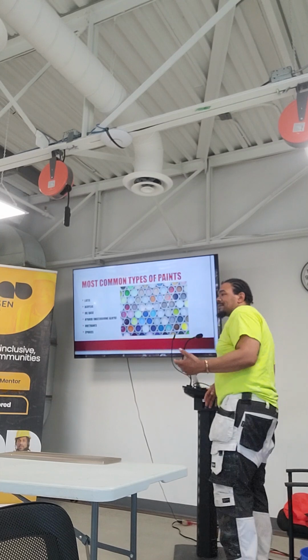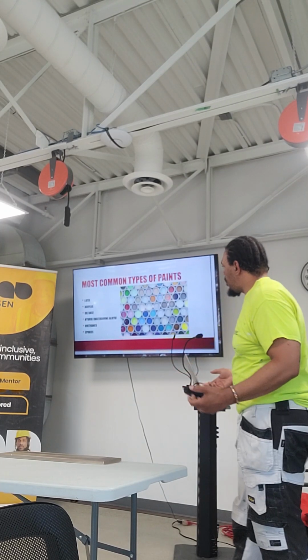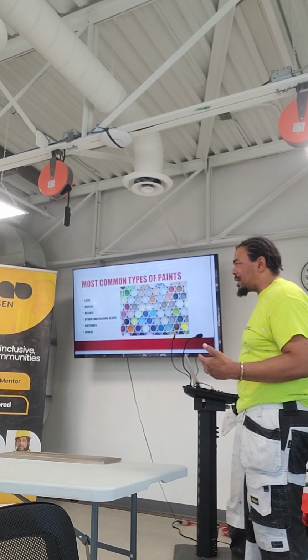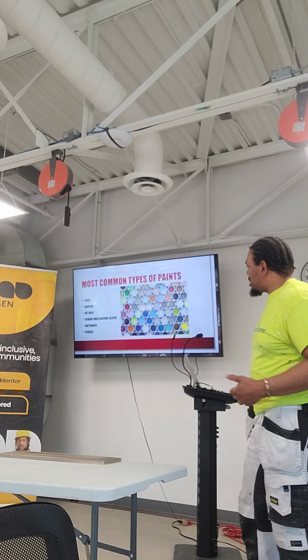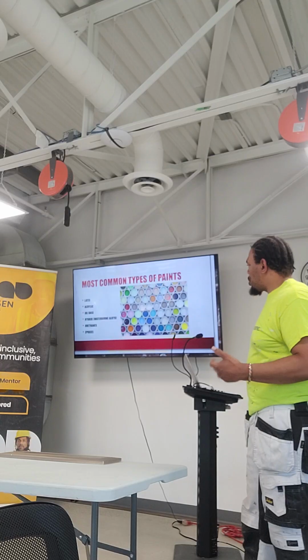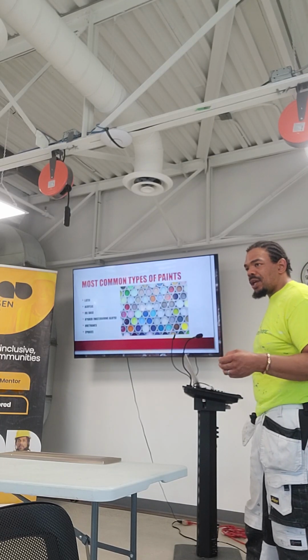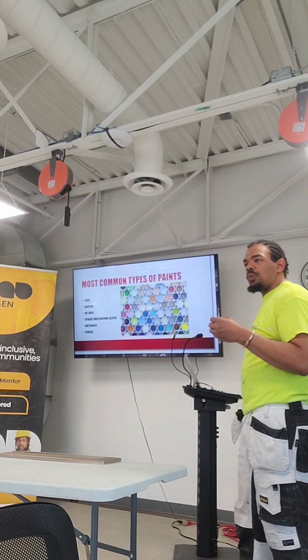So the most common types of paint, we all know latex. We talked more about acrylic and understanding the difference between acrylics and latexes. We're going to walk through it again. You have your oil base. One thing that we have not really spoken about is waterborne alkyds. Those are oil paints that are wrapped into a water molecule, so it has water as a solvent.